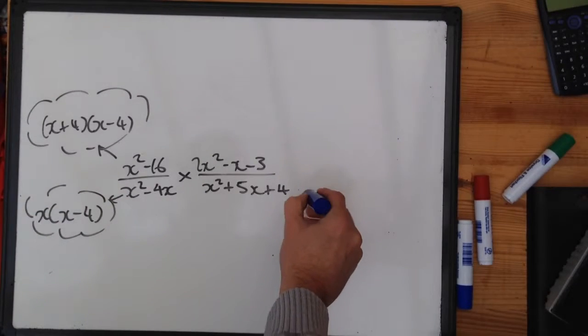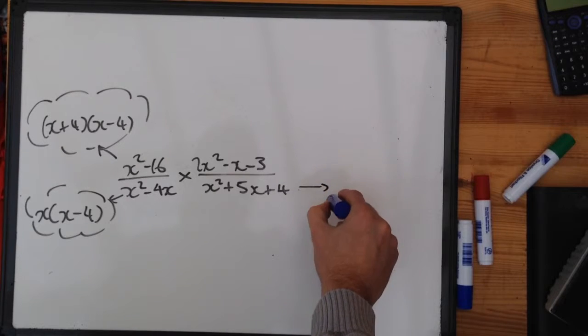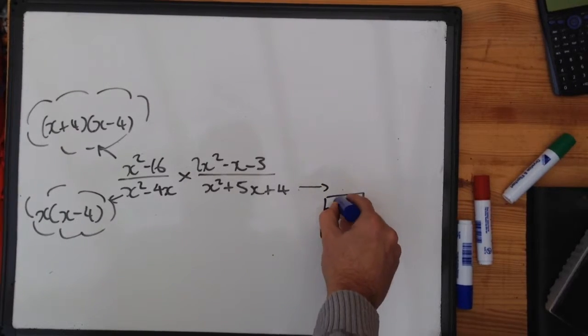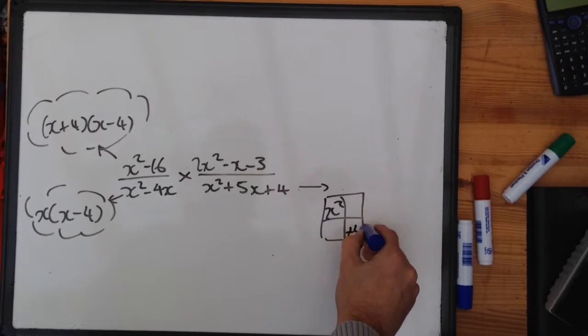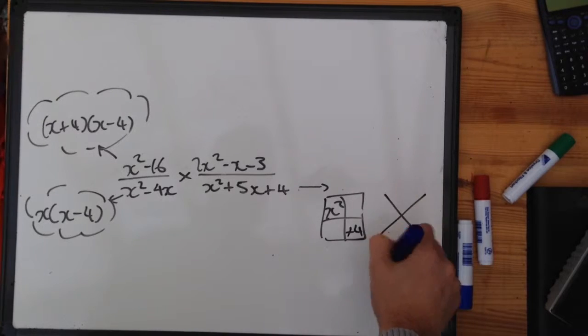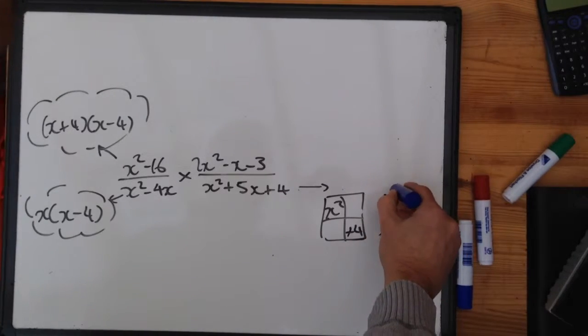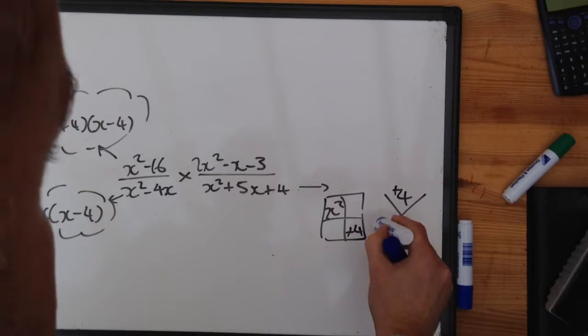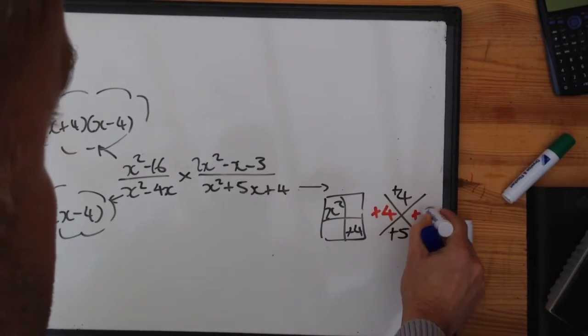These ones, quadratic factorisations, we're going to use the box method. So in my box, I've got x squared and my plus 4. These two things here will combine to make the 5x, so my two numbers have to times to give 4 and add to give 5. The two numbers which do that are plus 4 and plus 1.